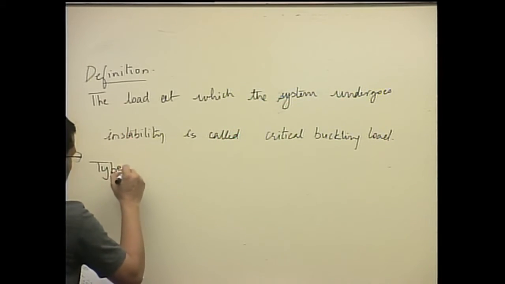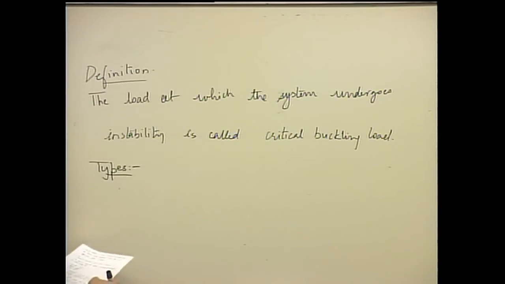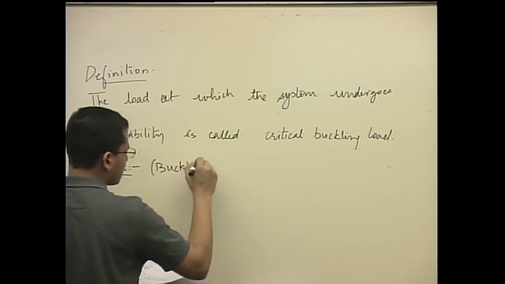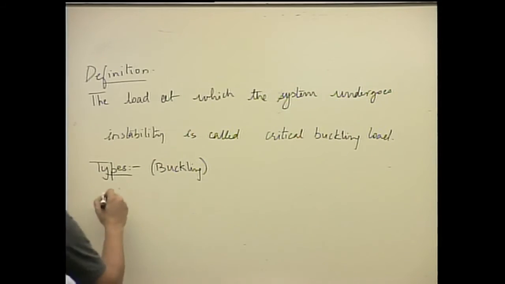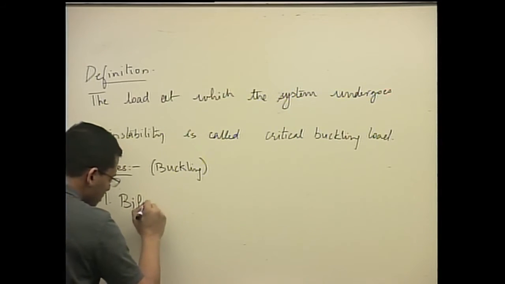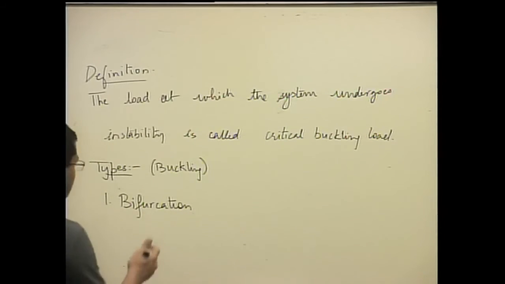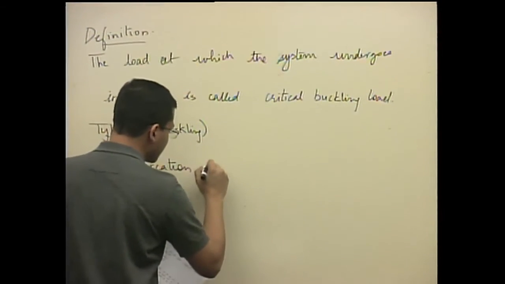And the types of buckling that we studied are bifurcation, sometimes referred to as classical.